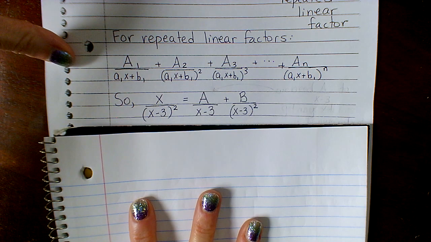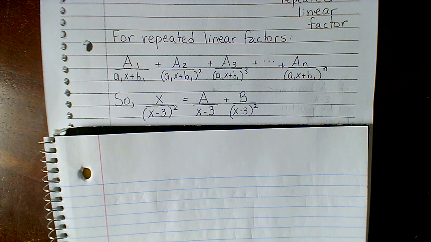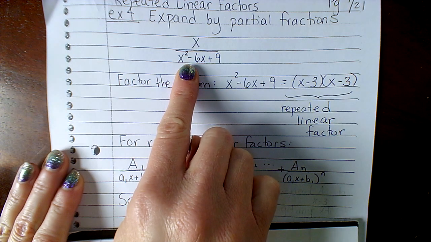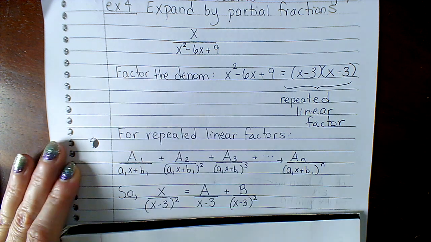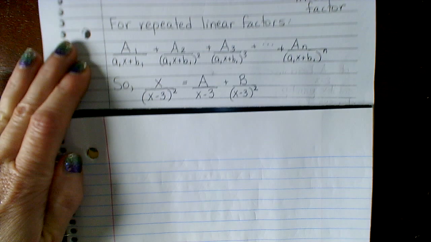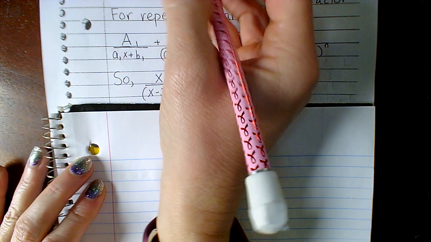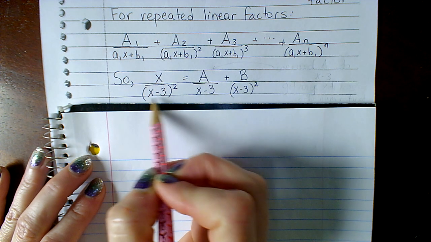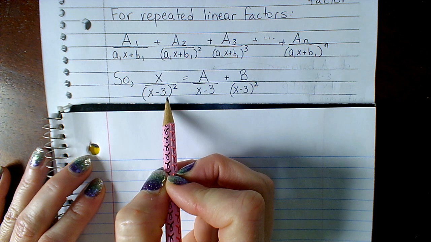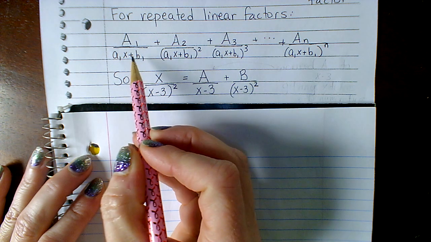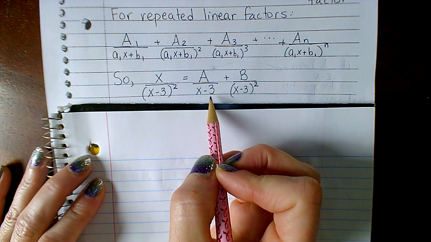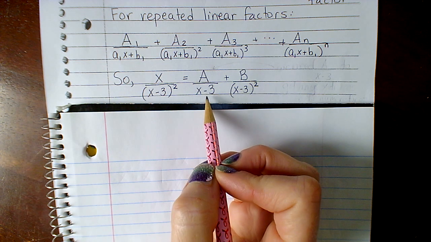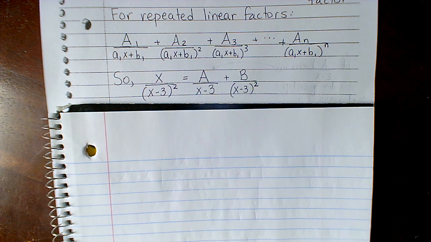Okay, so what this means is that we have to decompose my original rational function that factored. So this original rational function here factored into this. So using this formula, it decomposes into A, still A and B are constants, over x minus 3 and B over x minus 3 squared.